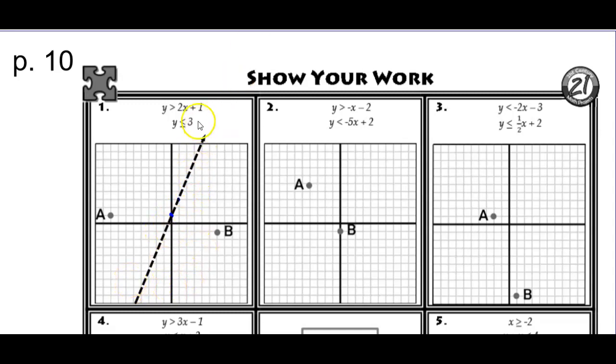All right, so the shading on this one, it's above because it's greater. So that's this section up here. And then I'll go to the second one. So if it was just y equals 3, I would put a dot on the 3 line. Let me get a different color, actually. Put a dot on the 3 line for the y-axis.